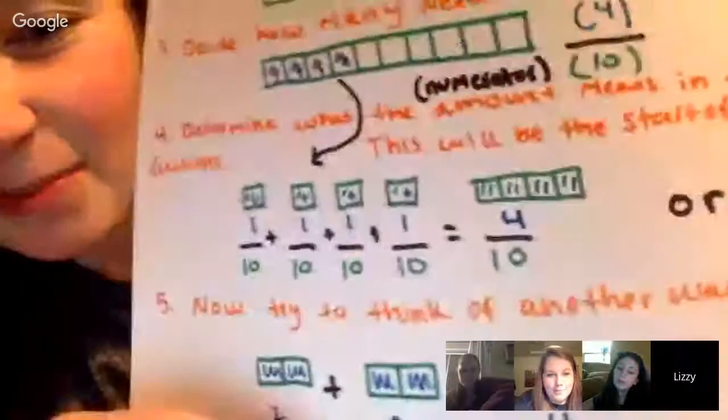Would they be separate or attached? Attached. Okay, and then what other kind of box would I need? One box by itself. When I add them all together, how many boxes do I have? 4 boxes.